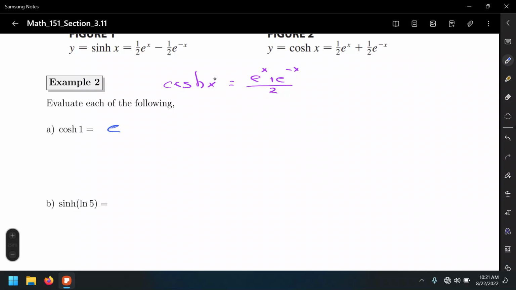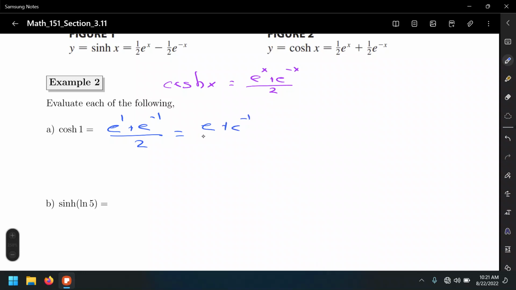What we do in this case is replace x with the value that we want to compute: e to the first plus e to the negative 1, over 2. Well, e to the first is simply e. And recall any number or any symbol raised to the first power is just the number or the symbol.